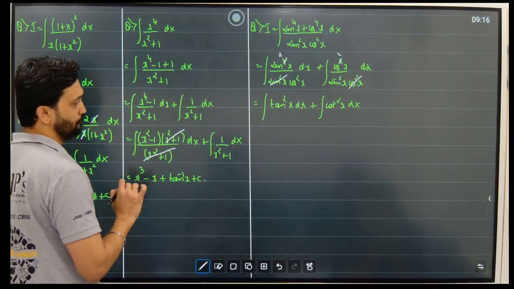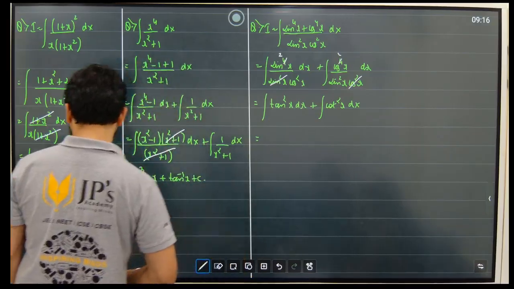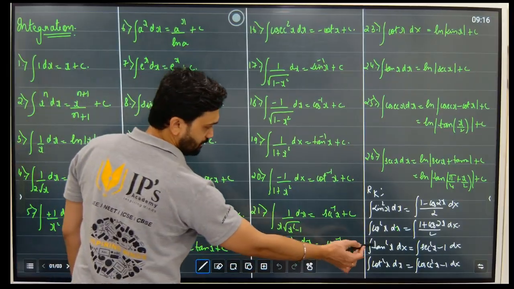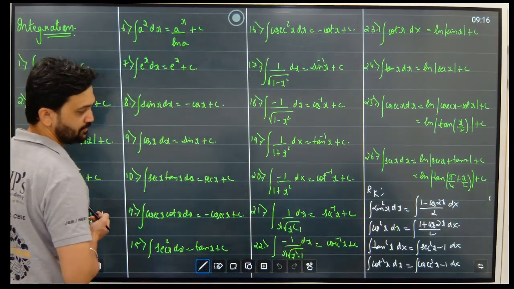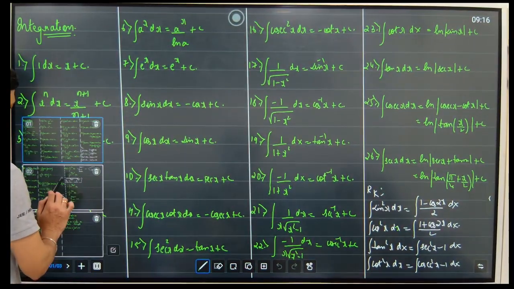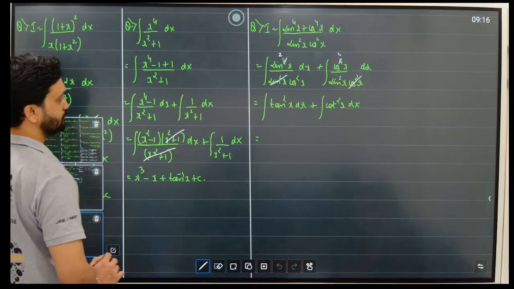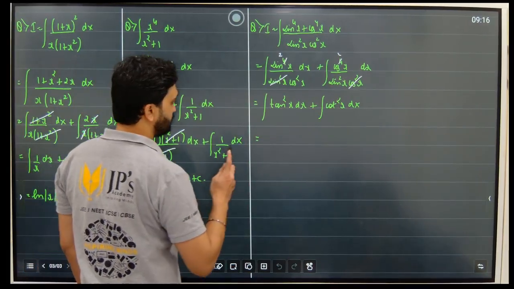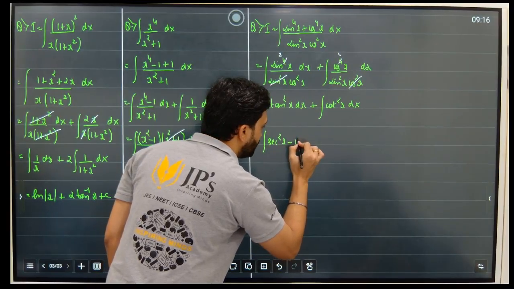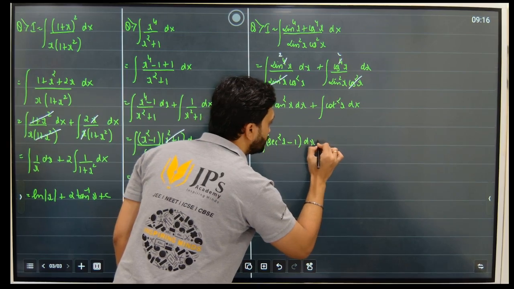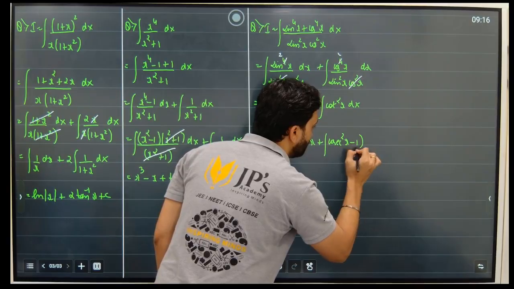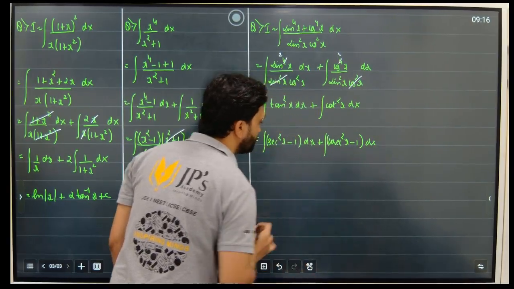Okay. Now, I will convert this as tan square x and cot square x. Tan square x will become integration sec square x minus 1 dx plus cot square x is cosec square x minus 1 dx.